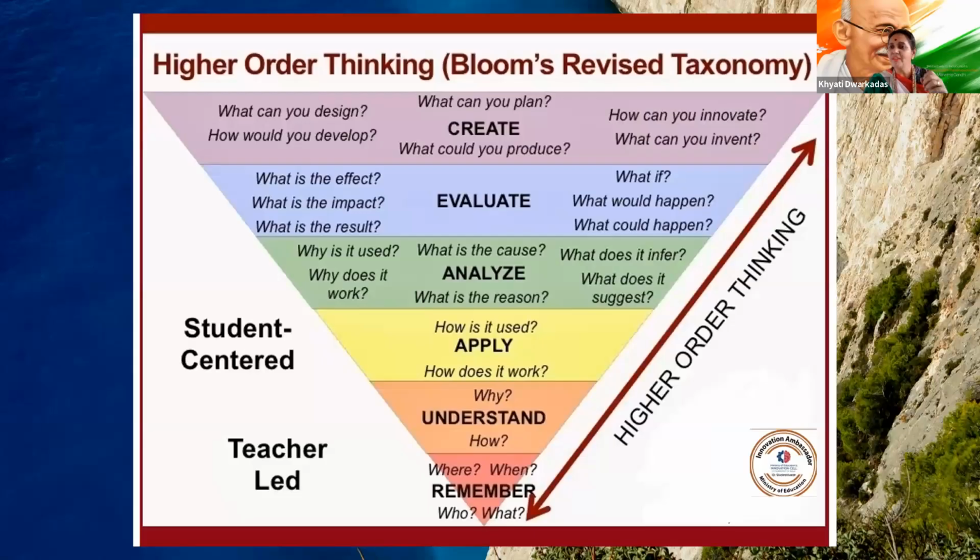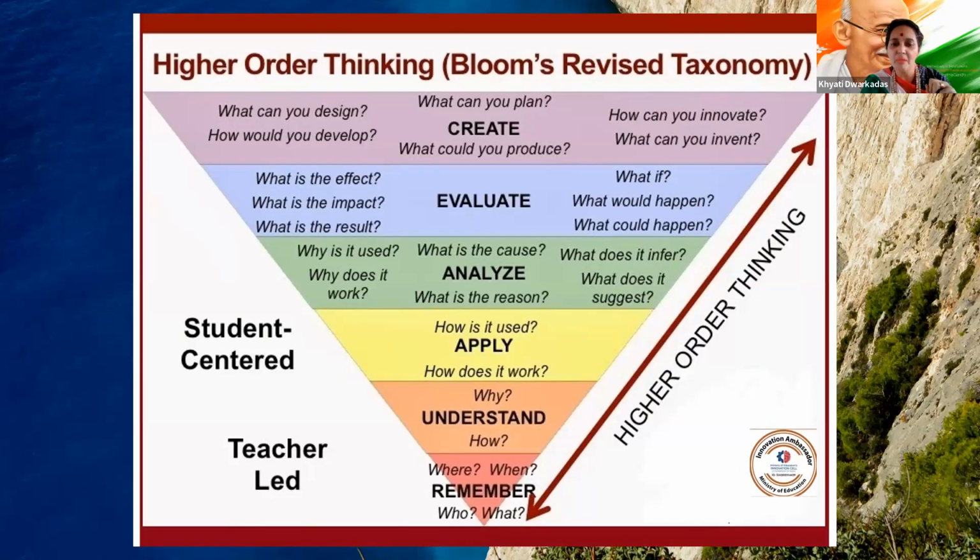Now, all of us have known Bloom's taxonomy, framed by Benjamin Bloom, which was later revised around 2000 by Krathwohl and Anderson. The lower order questions start with remember, understand, apply, and when you move up the ladder, you go to analyze, evaluate, and create. Now, the lower order of these questions are teacher-led.